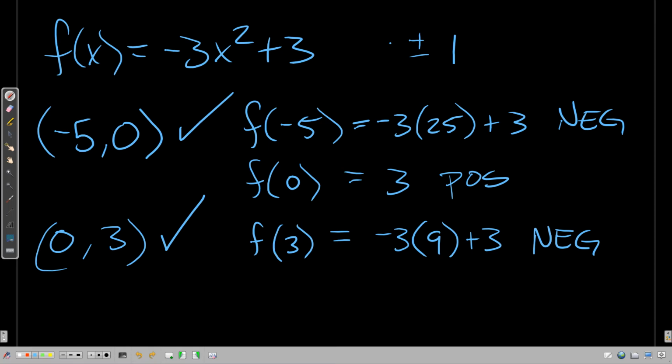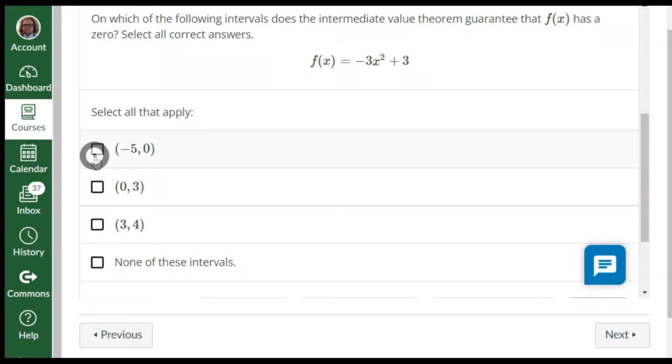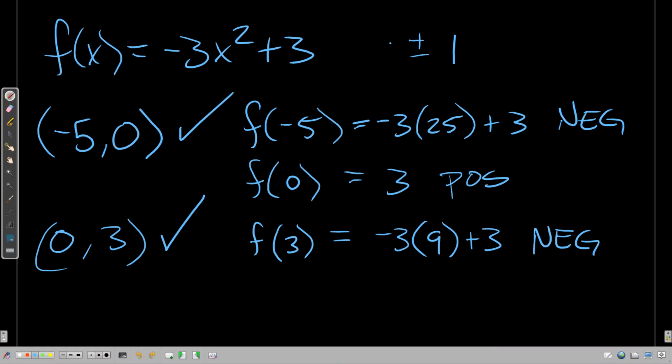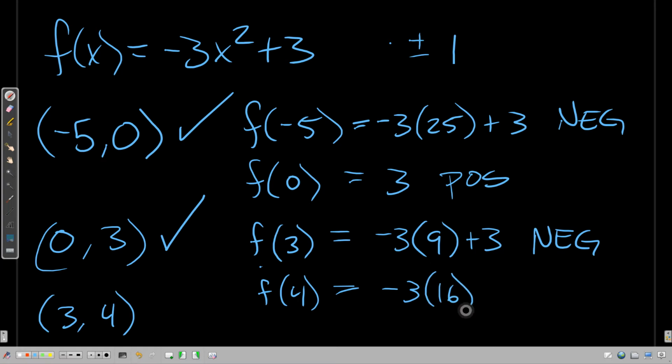So then, looking back at our question, these two work. This one here is not going to work, because both of those are going to give us negative quantities. F of 3 is, as we already know, negative, and f of 4 is just more negative because it's -3 times 16, which is way negative, and then you add only 3.